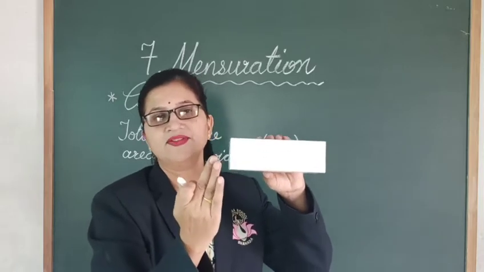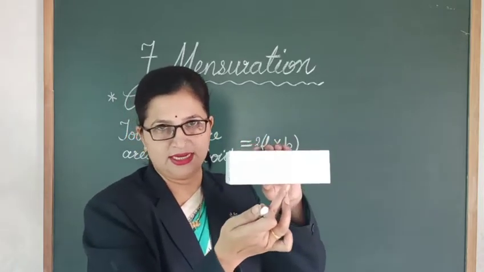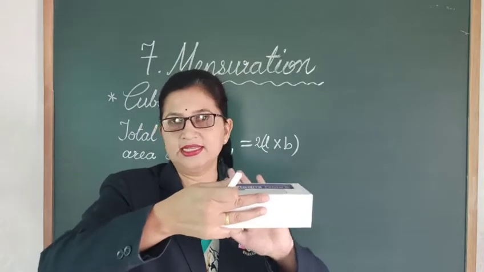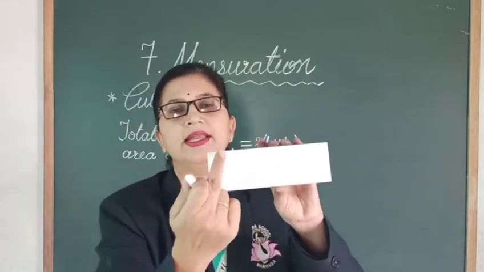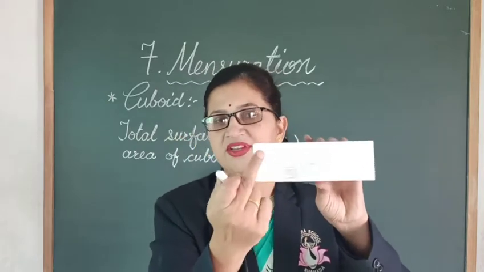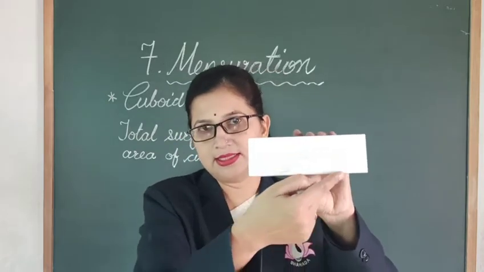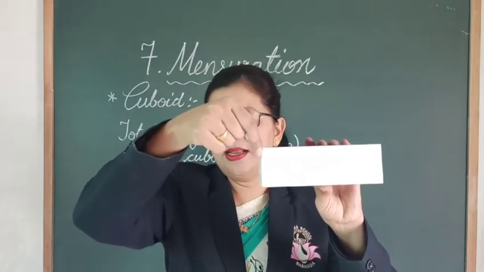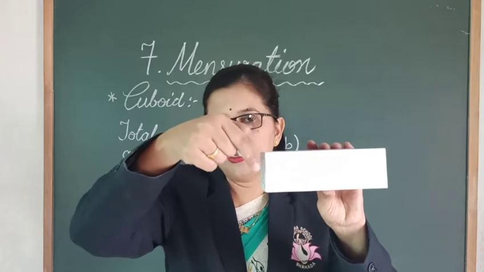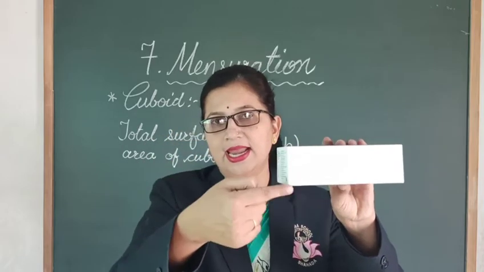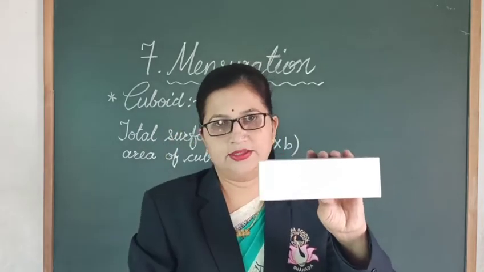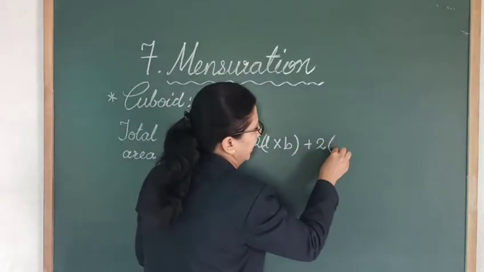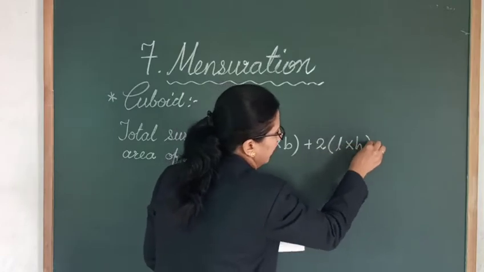Now let's find out the area of this front side, and we'll multiply it by 2, so that we get this front and this back side. To get the area of this front, which is rectangular, this is the length and this is the breadth, but this breadth we will call the height. So it is length into height. So plus, in bracket, length into height.